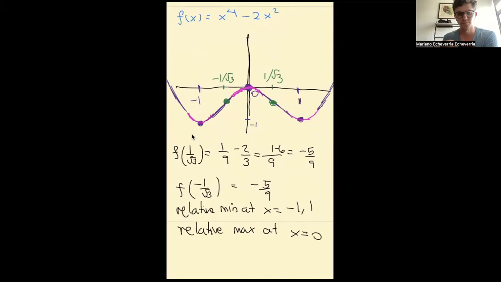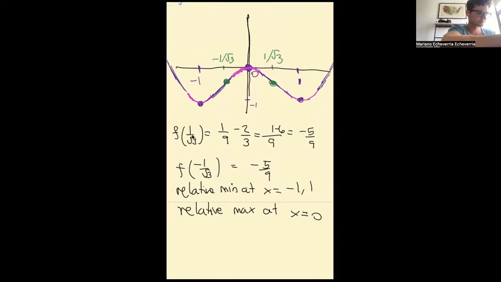And are there inflection points in this graph? Remember, an inflection point is just where the mood of the function changes from happy to sad or sad to happy. So are there inflection points here? Well, let's see. There is one here, and there's another one here.